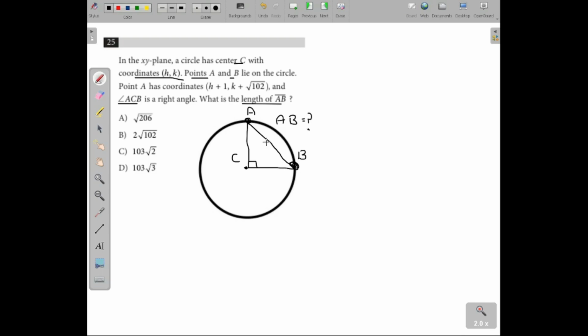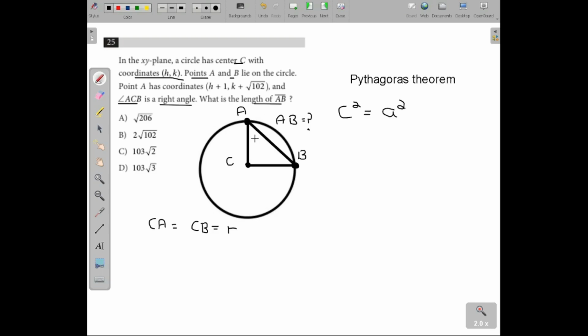We need to find the length of the hypotenuse that forms here, AB. And as we can see, the segment CA is equal to the segment CB. Why? Because both have the same value as the radius. Now, to find the length of side AB, we can use the Pythagorean theorem.